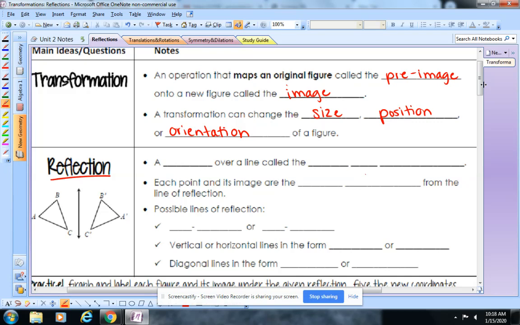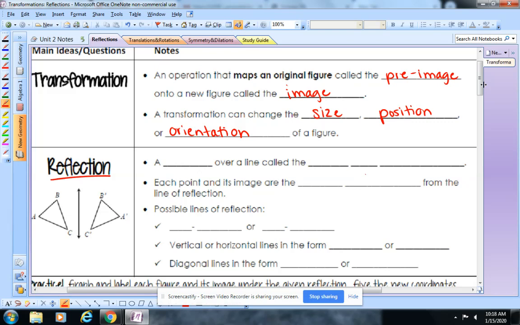Okay, so this is just some side information. There are going to be 4 transformations that we will talk about over the next 3 days. They are reflections, translations, rotations, and dilations.